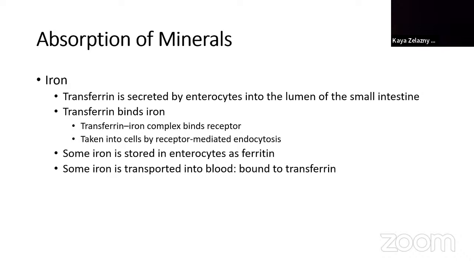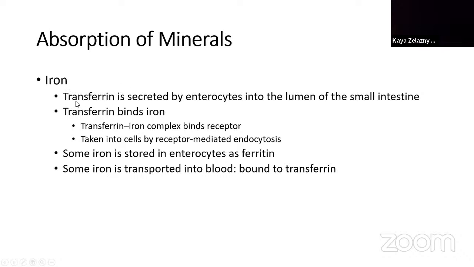And so we see some maybe familiar molecules here. Enterocytes, those are just our specialized epithelial cells in the GI tract, secrete some transferrin. Transferrin, right, is transferring iron. Whenever we see F-E-R-R in a word, that should clue us in that we might be talking about iron. I think it's the Latin root for iron.